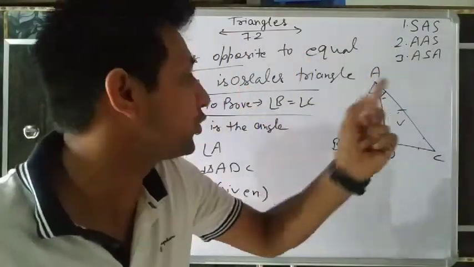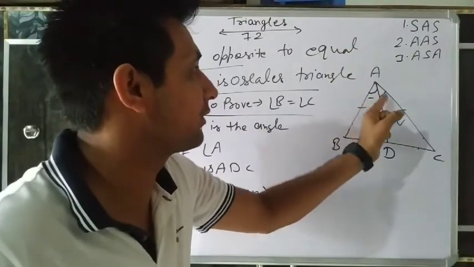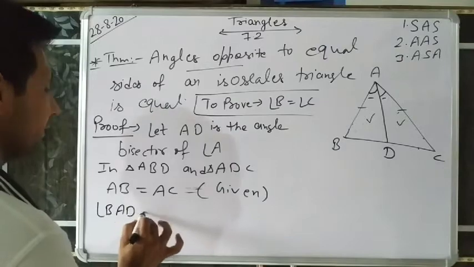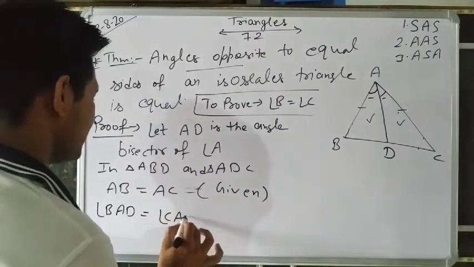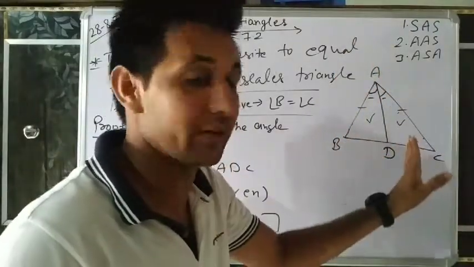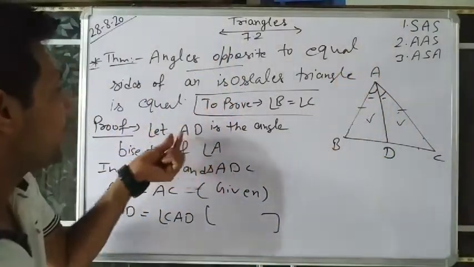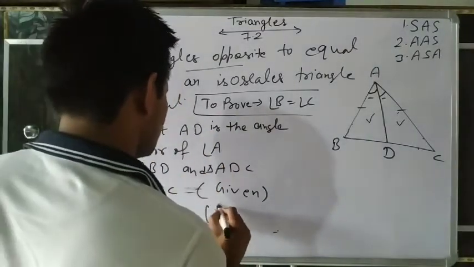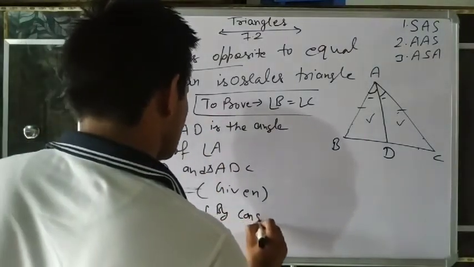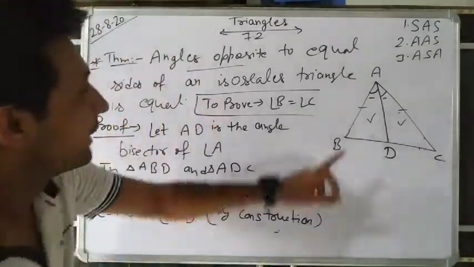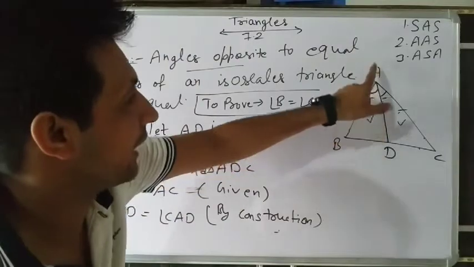Bisector means dividing into two equal angles, so angle BAD equals angle CAD. Why? Because we made this by construction; we let AD be the angle bisector, so you can write by construction.